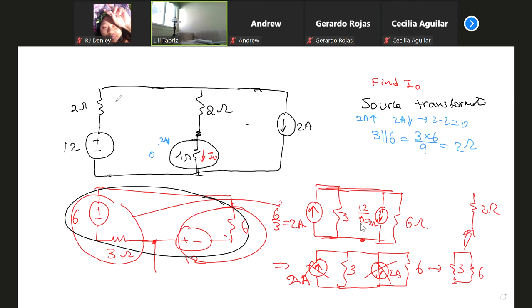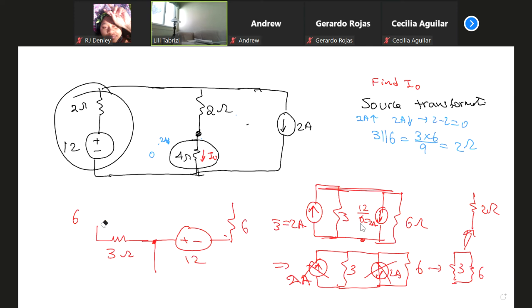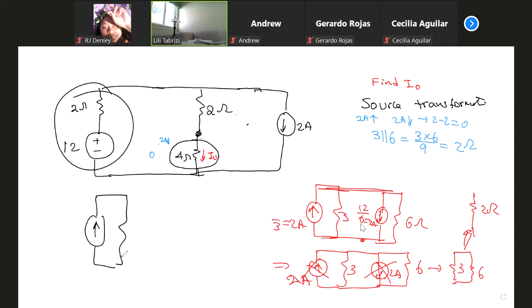Now I go to this section and apply source transformation. So it becomes the current source going up and 2 ohm.